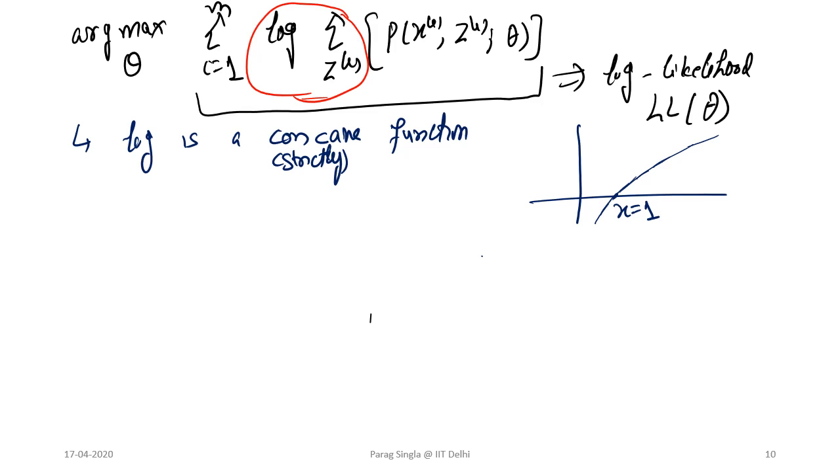So this is 0 at x equal to 1, it goes to minus infinity as x goes to 0, and goes to infinity as x increases. So this is log of x. Therefore this is strictly concave, so this is fine.